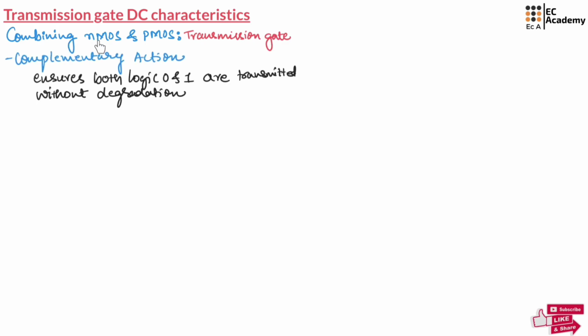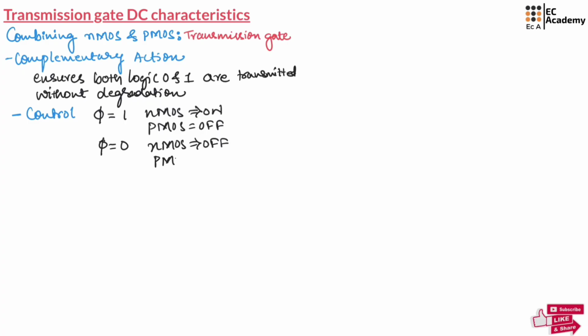If we combine NMOS and PMOS, we have a complementary action which ensures both logic 0 and logic 1 are transmitted without any degradation. And we can have good control, which means when phi is equal to 1, NMOS will be on and PMOS will be off. And when phi is equal to 0, NMOS is off and PMOS will be on.